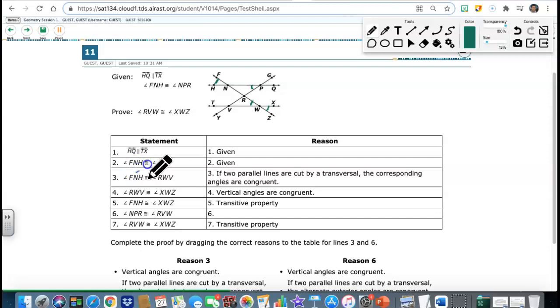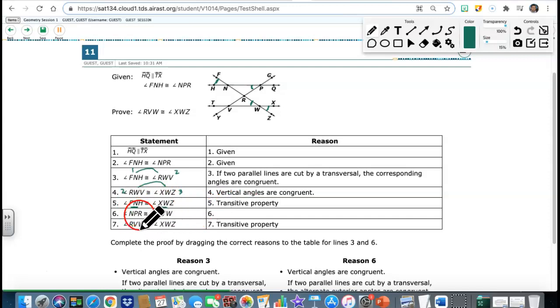They're saying F and H is congruent to RWV, and RWV is congruent to XWZ. Call them angle 1, 2, and 3. If angle 1 is congruent to angle 2, and angle 2 is congruent to angle 3, then the first angle is congruent to the last angle. That's transitive, when I have three things.